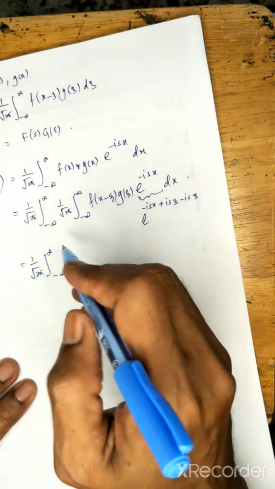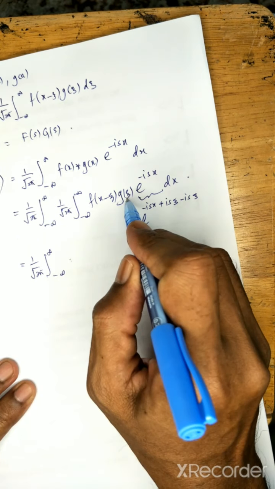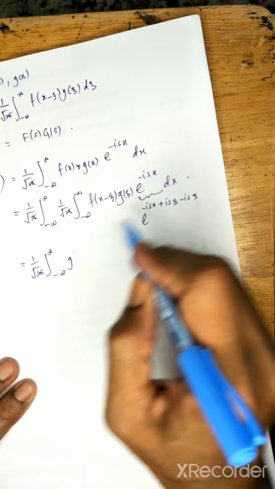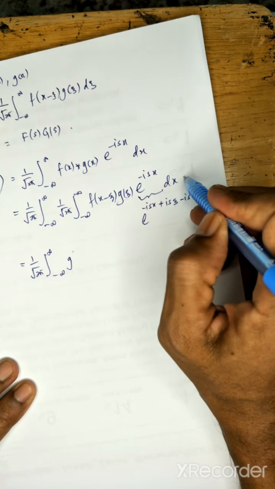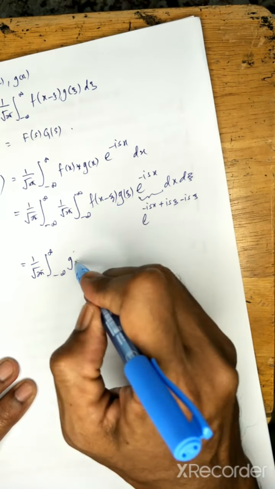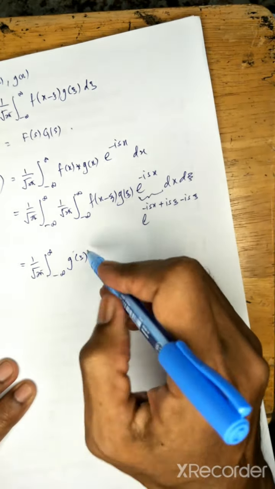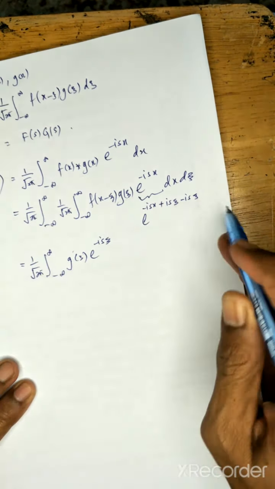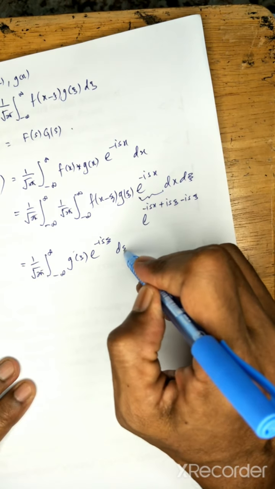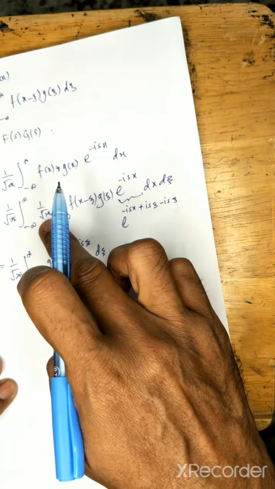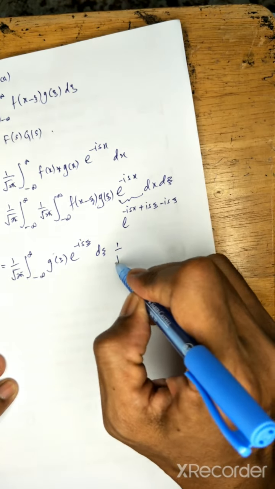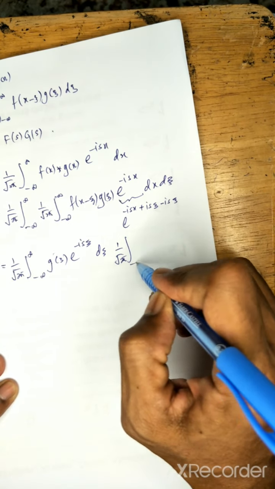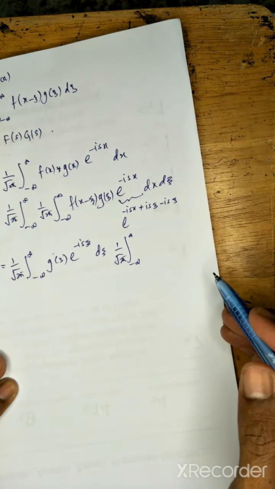For this I can factor out g(zeta). I miss one more here, it should be d zeta. So g(zeta), then we factor out e to the minus i s zeta, d zeta. And then I have another one here, 1 over square root of 2 pi, integrate from minus infinity to infinity.